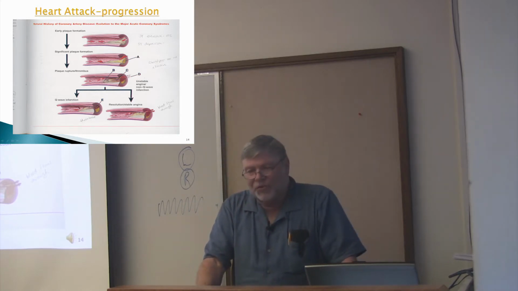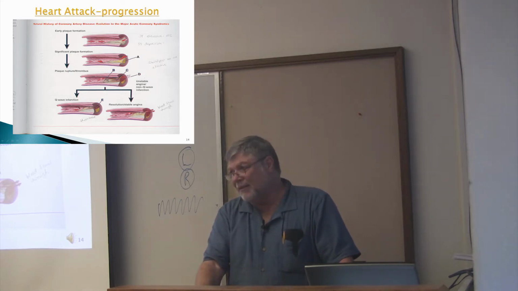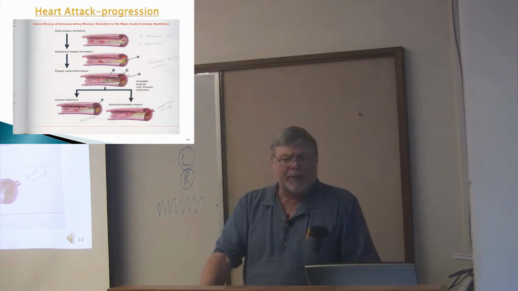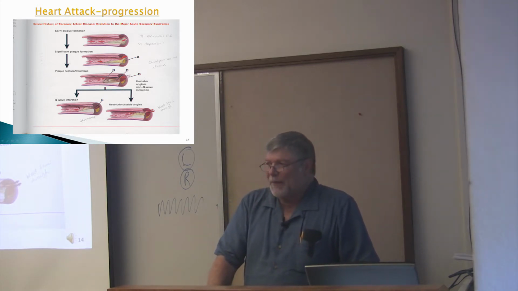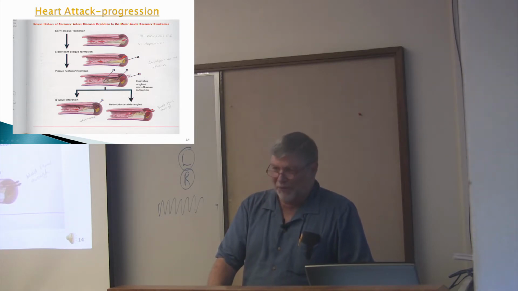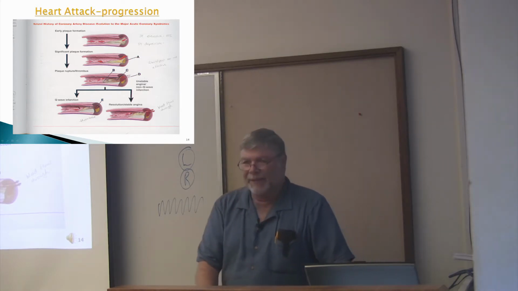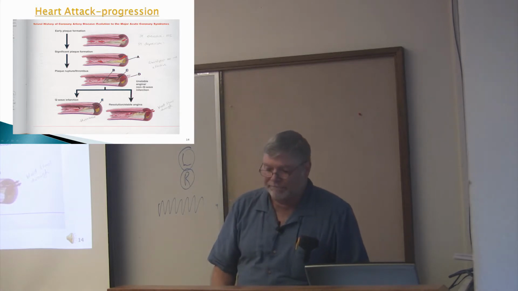But that's really what you're getting into with a coronary syndrome. And inflammation is underlying all of this. In fact, there's a fair amount of research now indicating that the inflammatory process may be the basis of almost all of our disease processes, that it plays a role in everything.